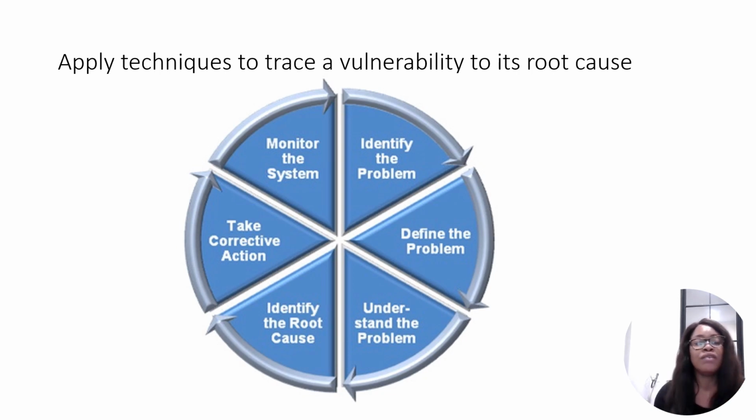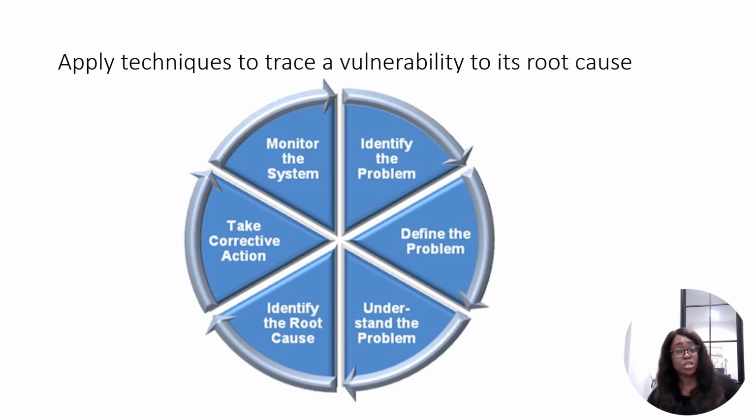These techniques involve a systematic approach that includes thorough investigation, analysis, documentation, and identifying the problem. By analyzing the results of these tests, one can pinpoint the specific areas of the system that are prone to exploitation and determine the root cause of the vulnerability.